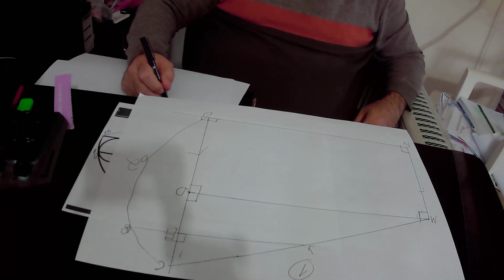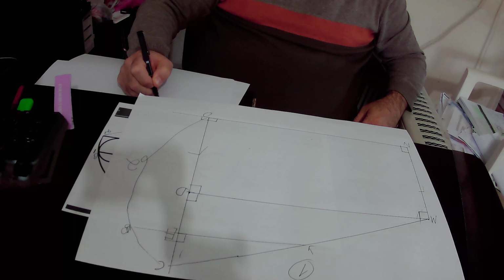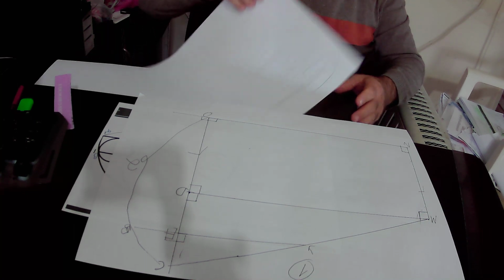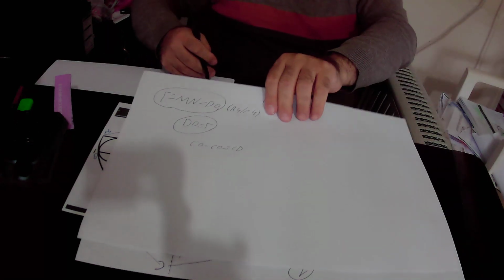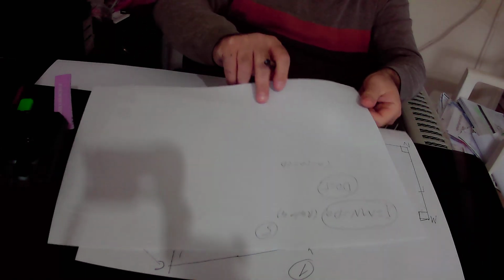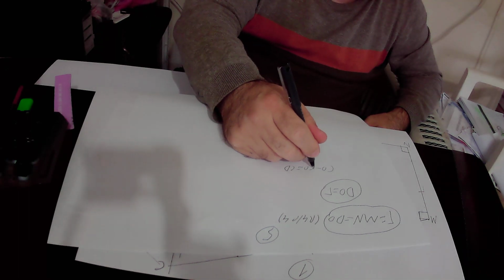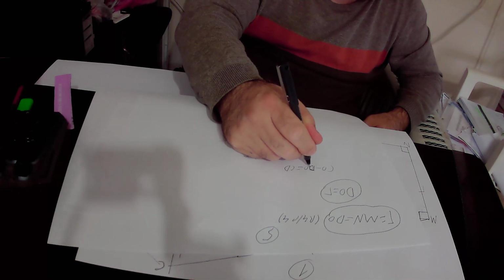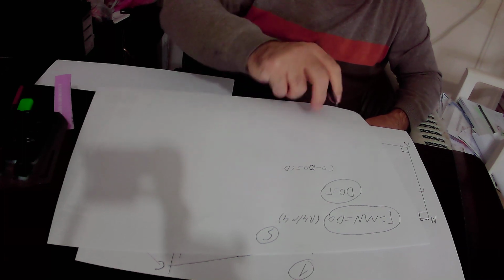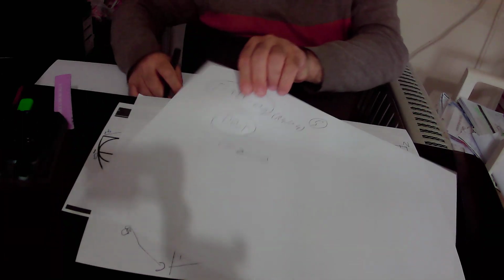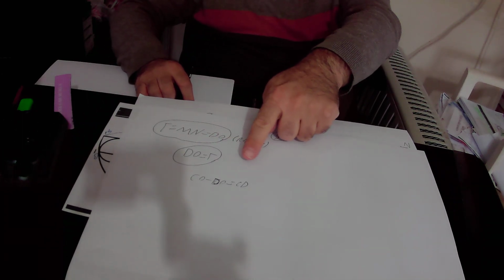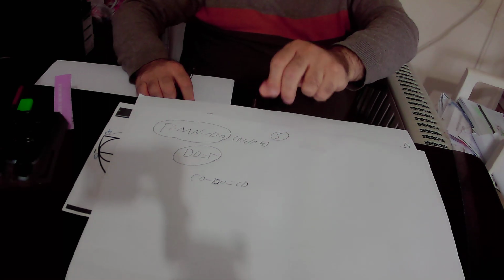I will write it down. CO minus DO equals CD.